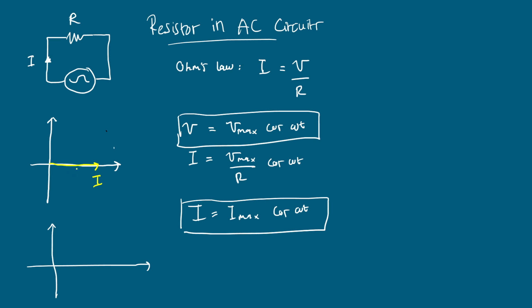And one more is V. Now we can see that the signals for I and V are in phase, because we know that there is no phase angle in this cosine omega t. There's no theta or something like that.